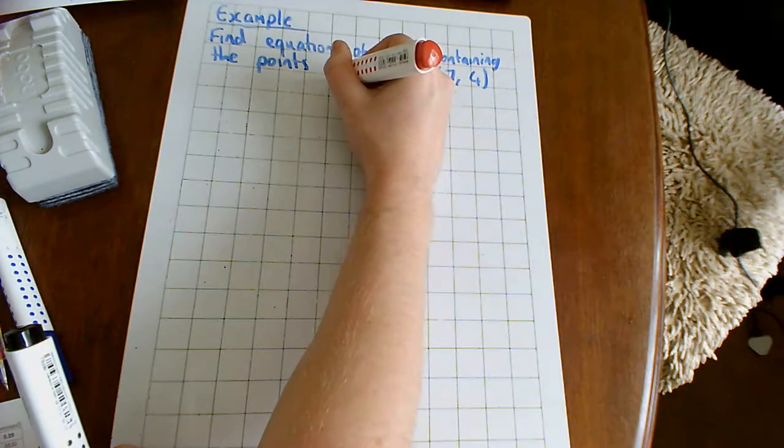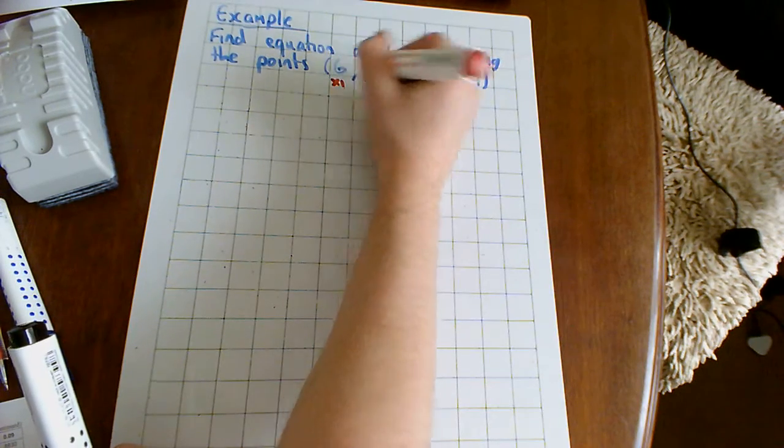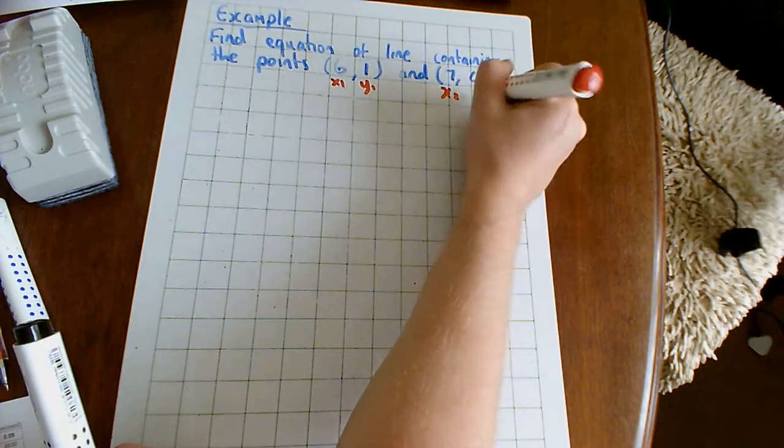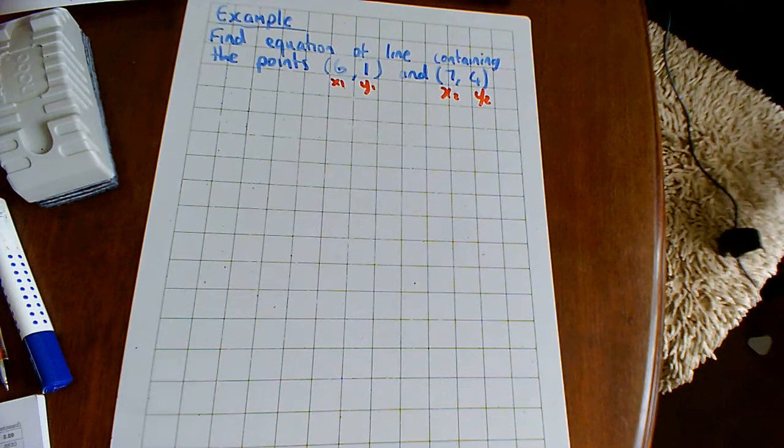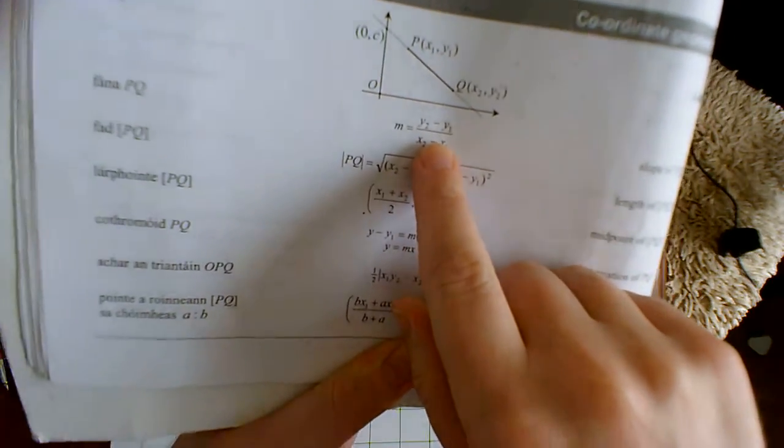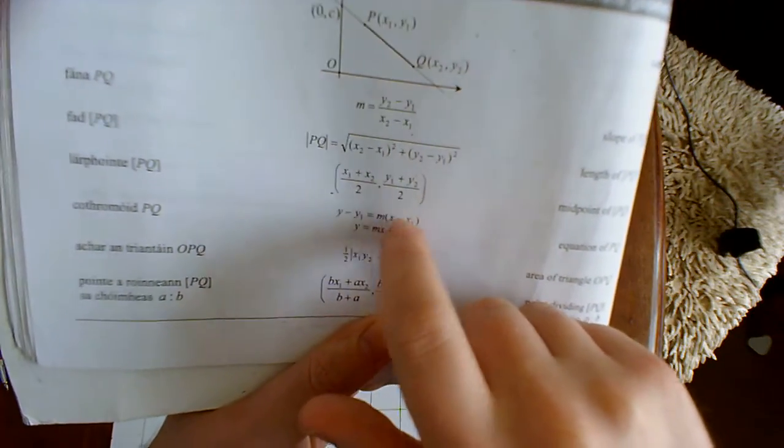Do you remember we labelled these x1, y1, x2, y2. We go to our maths tables, page 18, and you have these notes taken down as well. On page 18, we have a formula for slope, and there's the equation of a line formula, so you don't have to remember them.